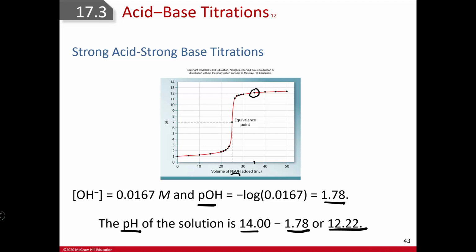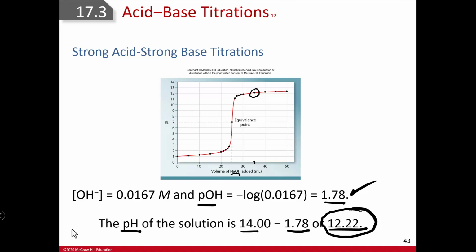It doesn't quite look that way, it looks more like the 40s, but that's okay. So the pH at this point is not 1.78. That's the pOH. Generally we ask for the pH, and the pH is 12.22. So don't make that mistake.